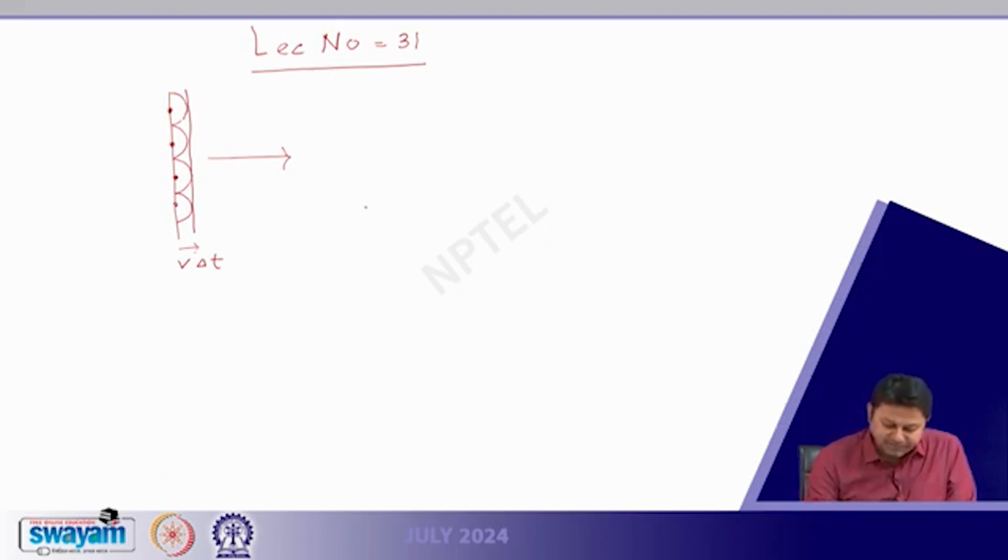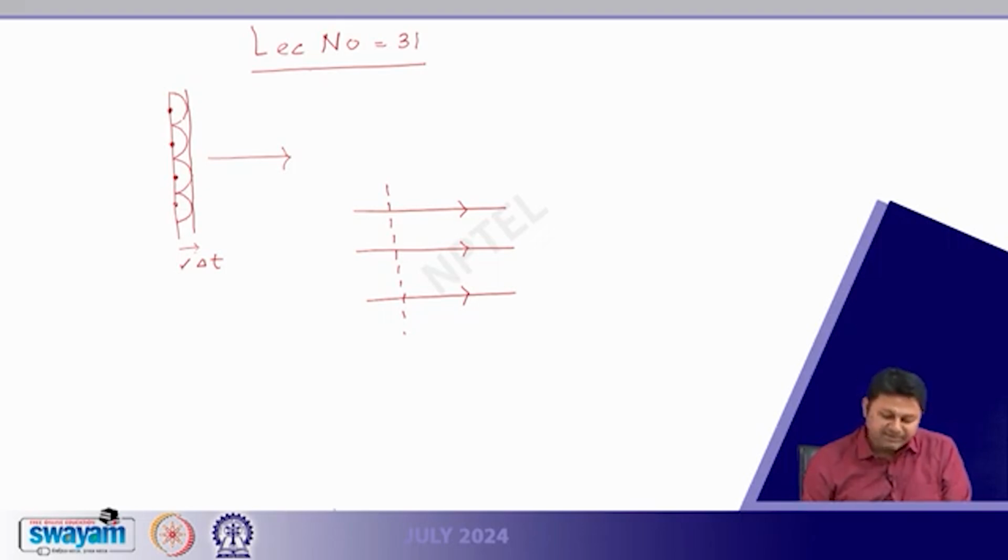So if light propagates in a particular direction, then the corresponding wavefront that we draw is this dotted line, that is the wavefront of this propagating light.